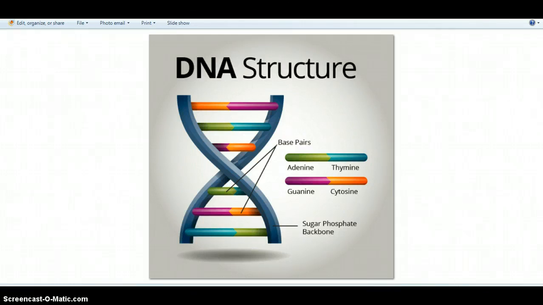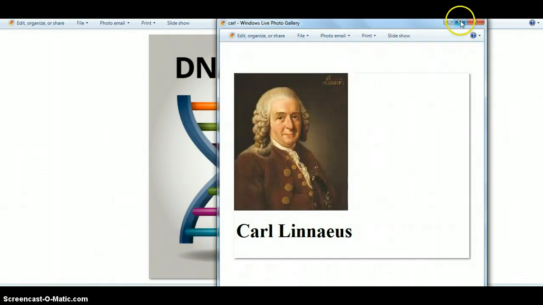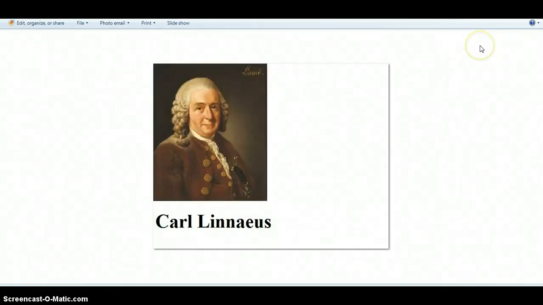So moving forward here, the picture you see now is a gentleman by the name of Carl Linnaeus. He was looking at everything back in the 1700s and going, well, what do we call this? What do we call that? So he spent his life's work trying to find ways that we could classify every living thing and start putting them into groups and organizing them.